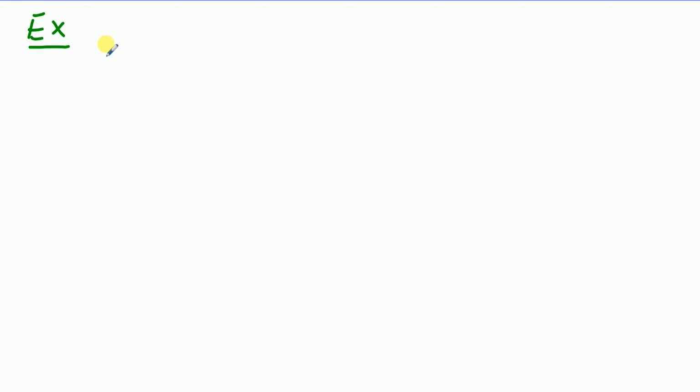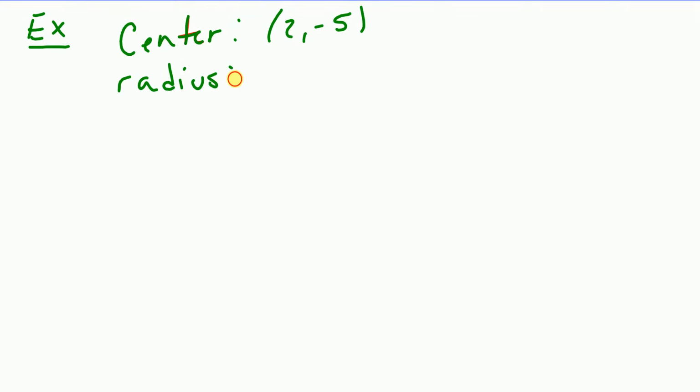Okay, so we'll say center is at 2, negative 5, and radius is 3.